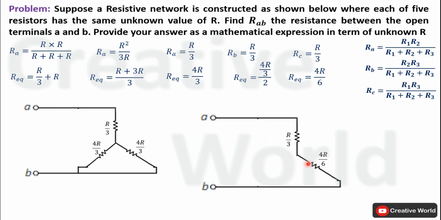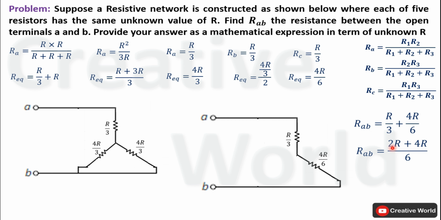Now at this stage, these two resistances are converted into series connection. So in order to calculate the value between these 2 points, we will add these resistances together. RAB will be equal to the sum of R divided by 3 plus 4R divided by 6. Take the LCM and solve this equation. It will become 2R plus 4R divided by 6.